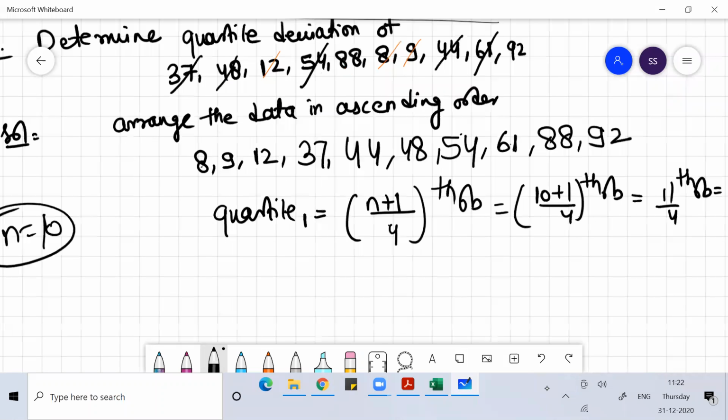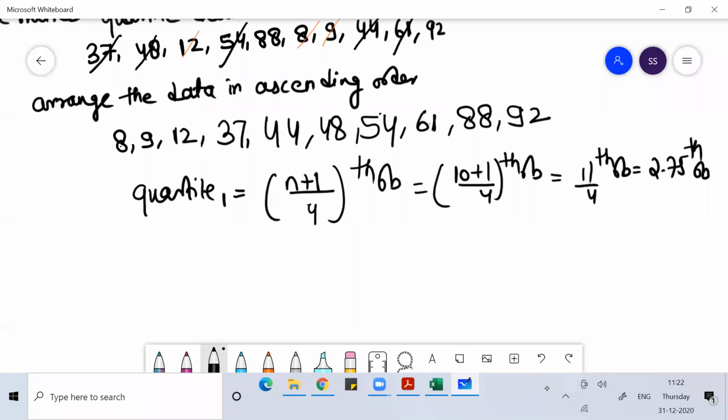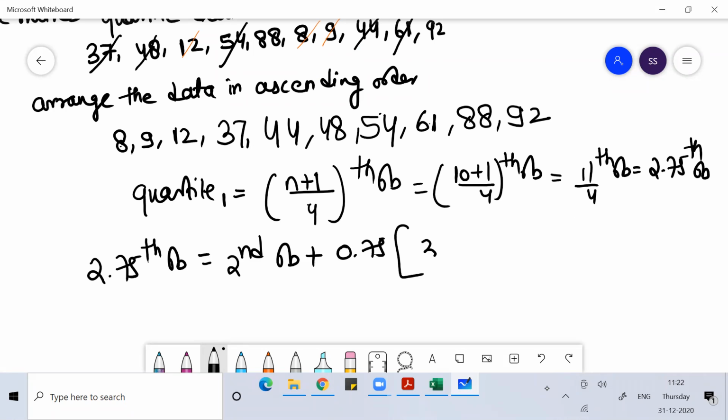Whenever we have to find the 2.75th observation, it means the second observation plus 0.75 into (third observation minus second observation).